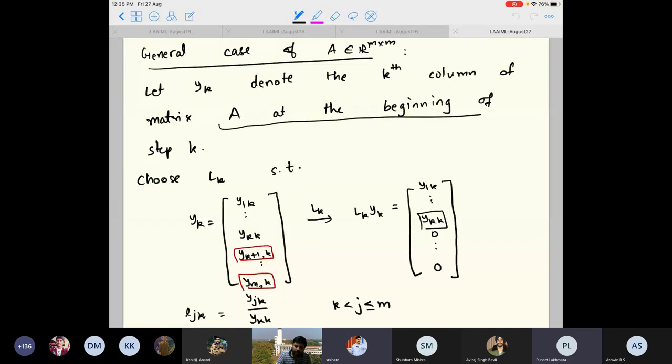So matrix A at the beginning of step k is L_{k-1} and so on, all this product up to L_1 A. This is what I mean by matrix A at the beginning of step k. But you are right. Technically, I should write it in this pattern. Thank you. This is what I should write. You are right.